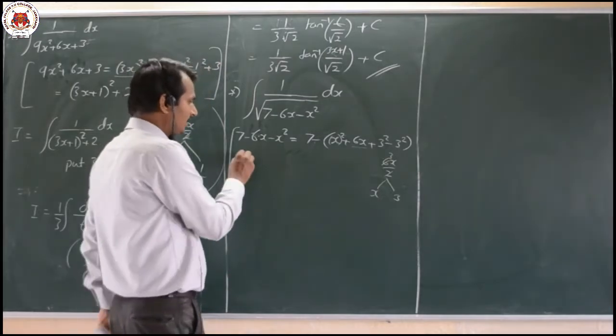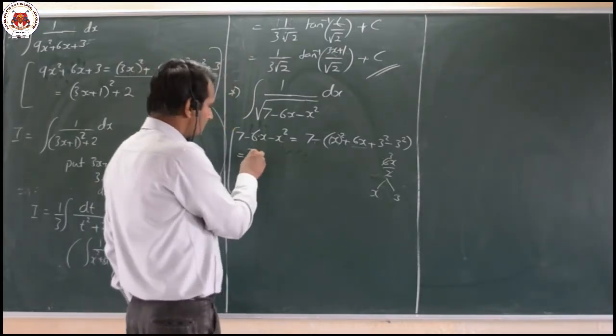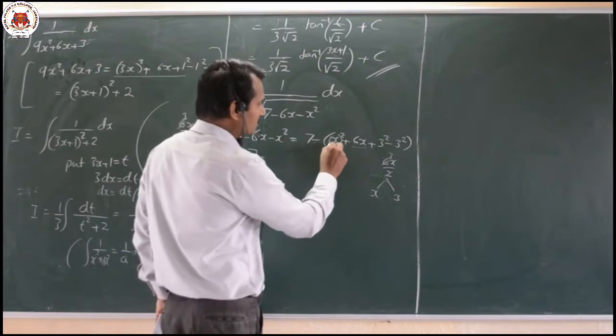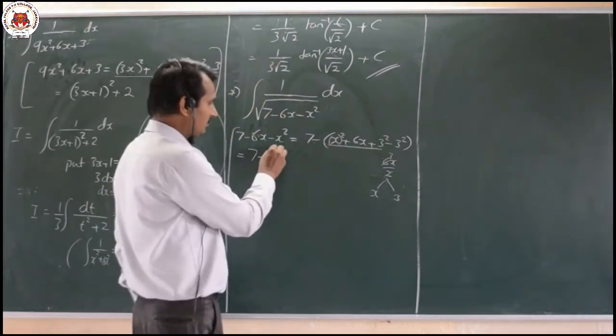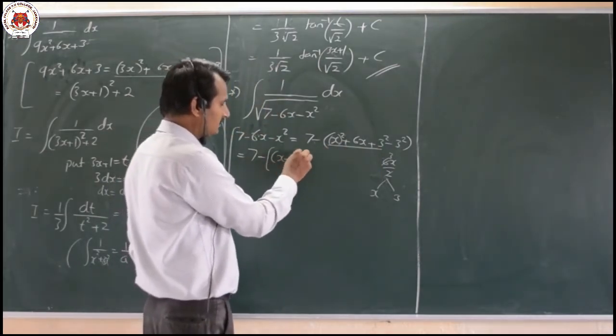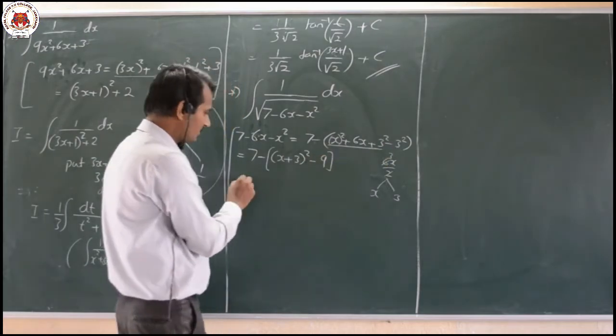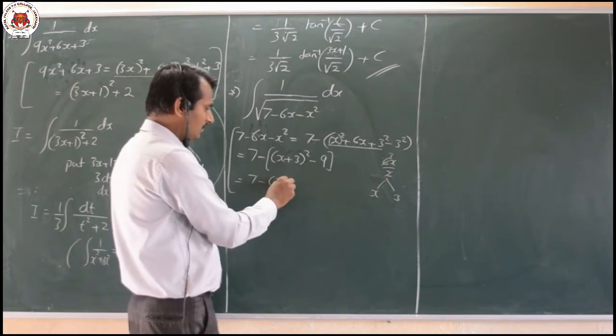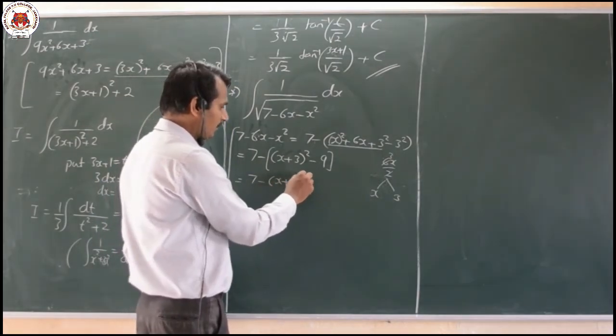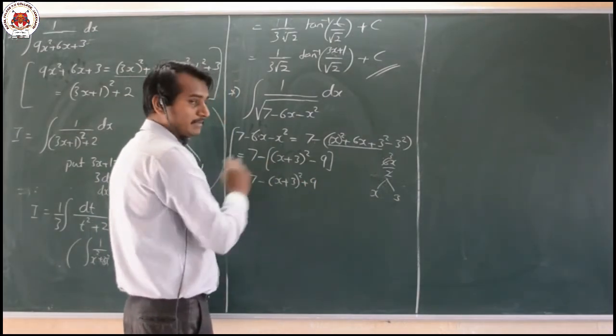Now what we get here is 7 minus this whole underlined part, that is nothing but x plus 3 whole square, now minus 9 we have, which is equal to 7 minus of x plus 3 whole square plus 9. I will open the brackets.